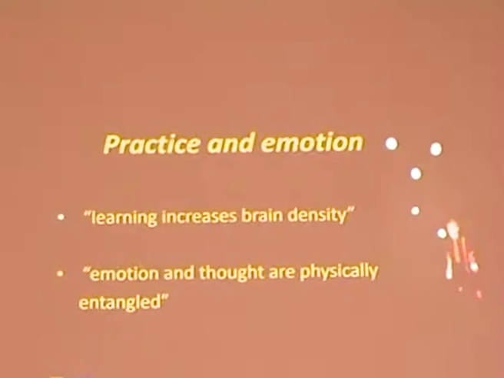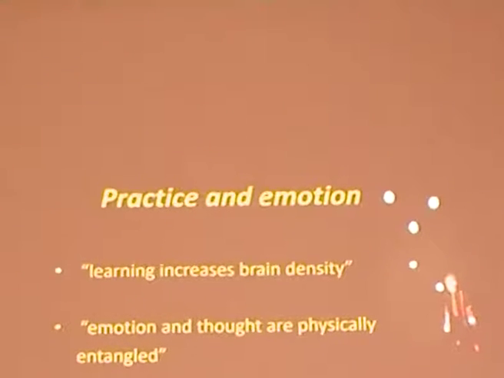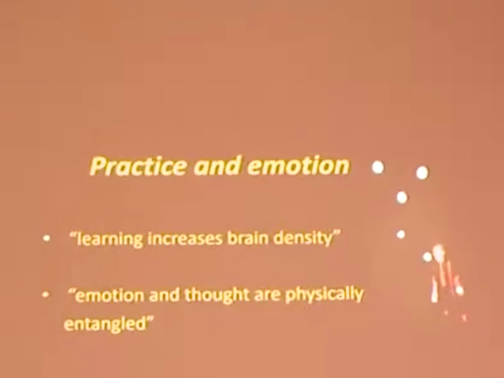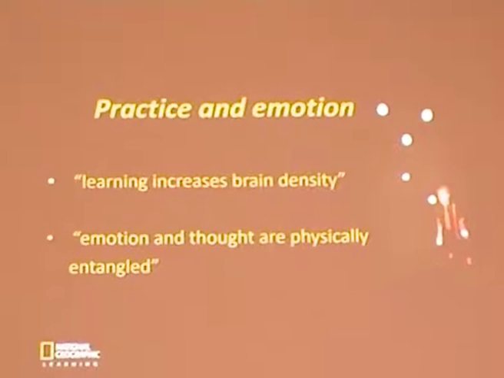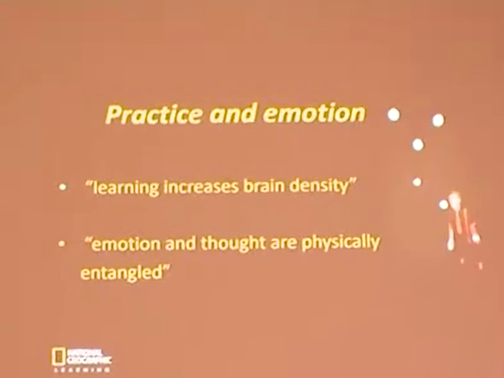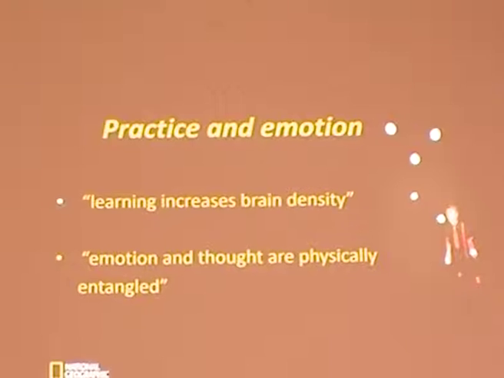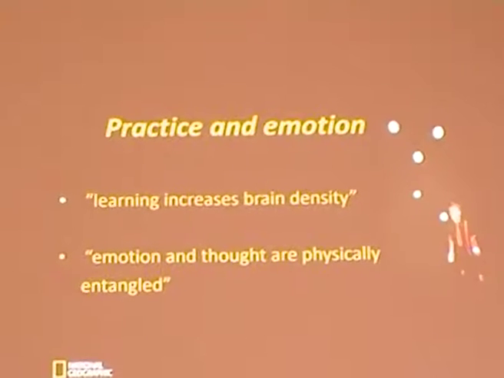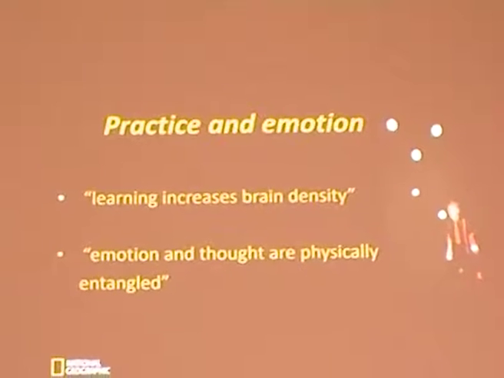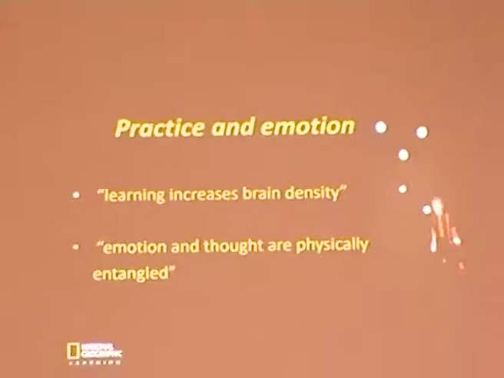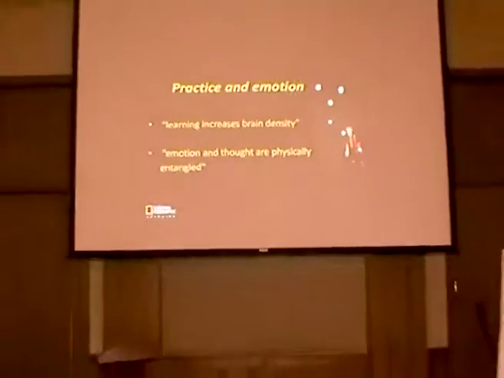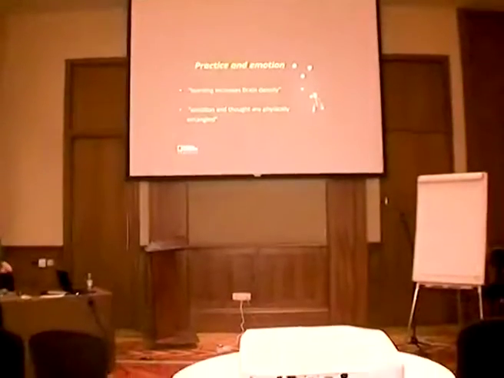Learning makes the brain work harder, and it increases the density. And it is said that also emotion plays a big part, although it hasn't actually been verified as such, but they're in the process of doing that. That emotion of thought, when you see something, how you feel about it, is also involved in that.